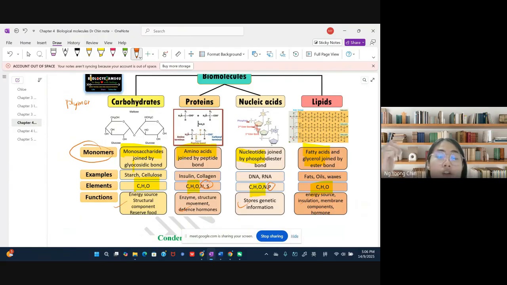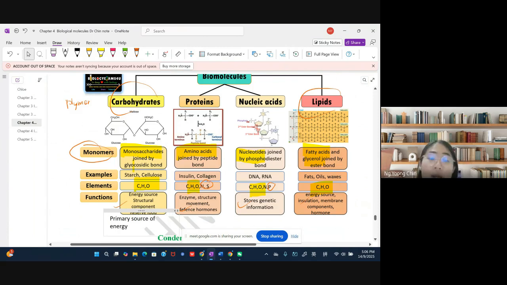That's all. So functions, right, you just need to know that carbohydrate and fats will become the source of energy. Usually the carbohydrate will be the primary source of energy. So it means that whenever your body cells require energy, where can they get the energy? Usually they get the energy from the breaking down, which is digestion, of carbohydrates first.